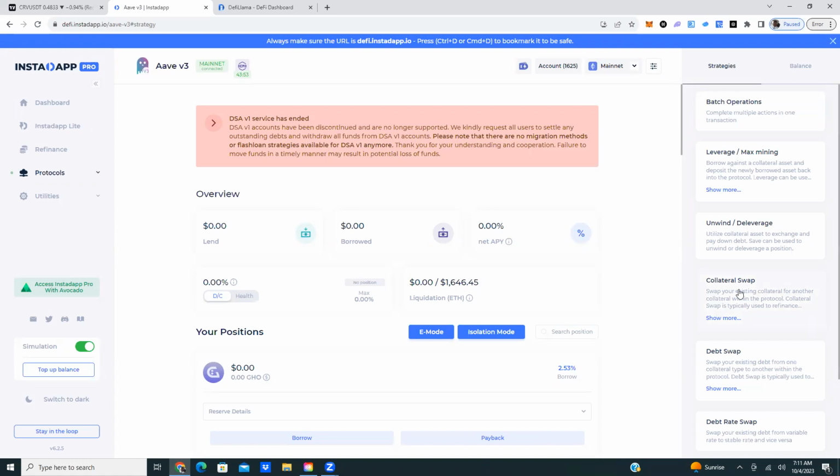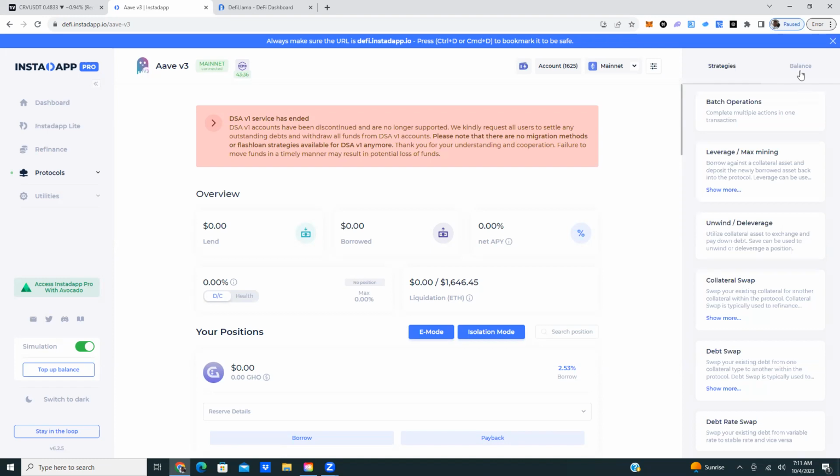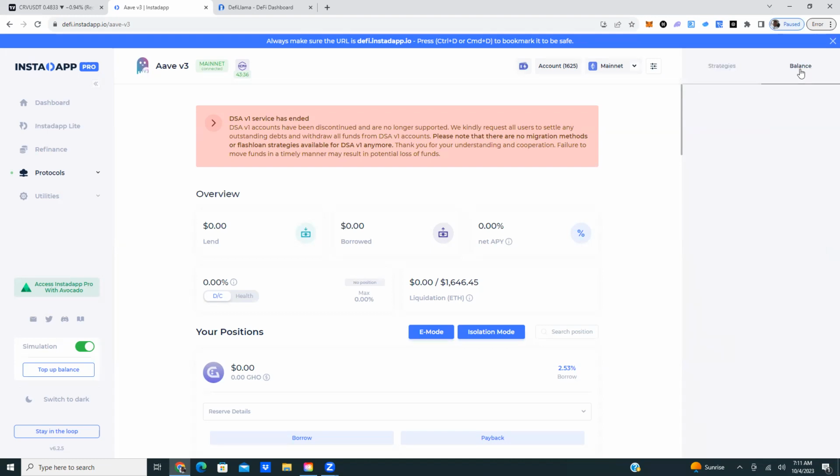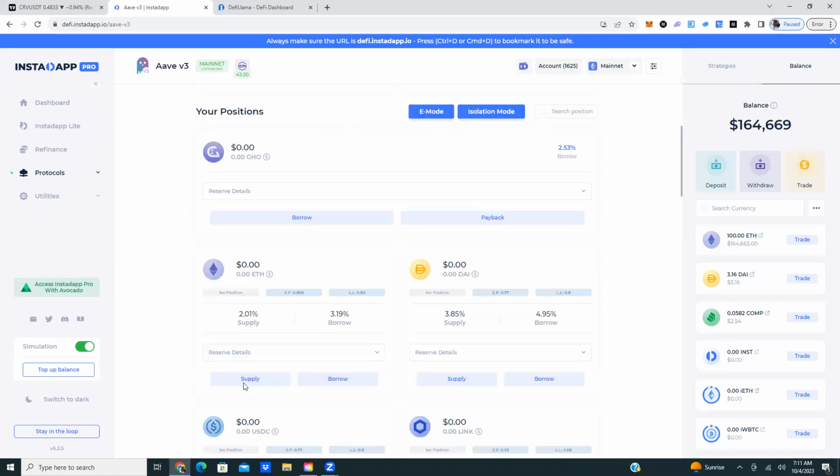So you're going to do a collateral swap, and you will turn your collateral from... okay, I didn't deposit any tokens. All right, let's go ahead and deposit.